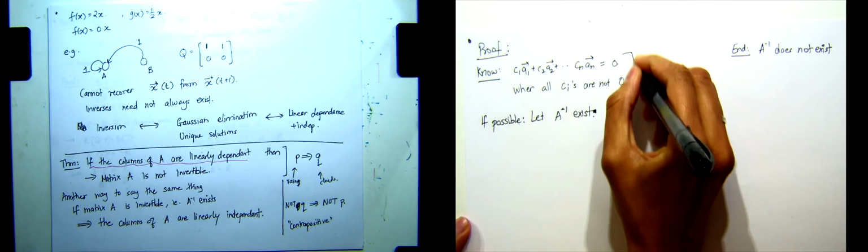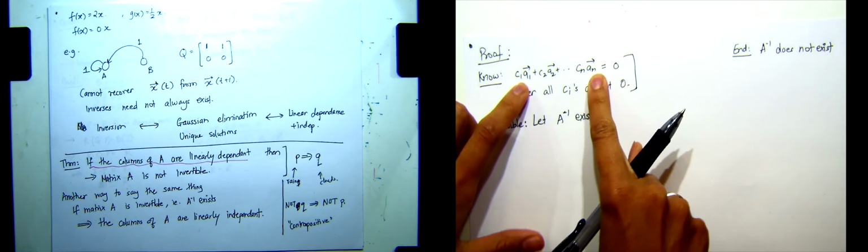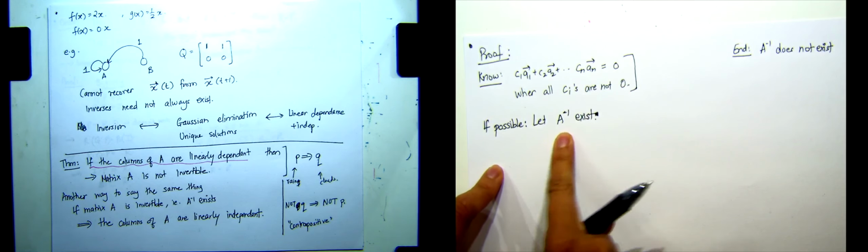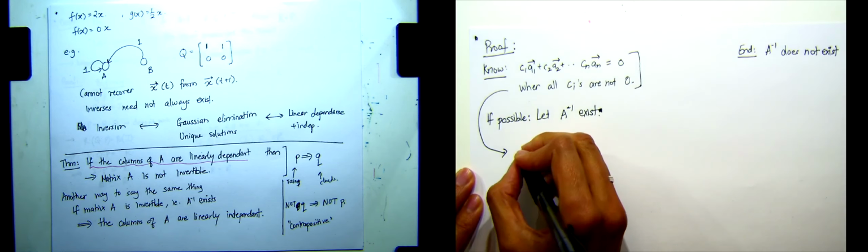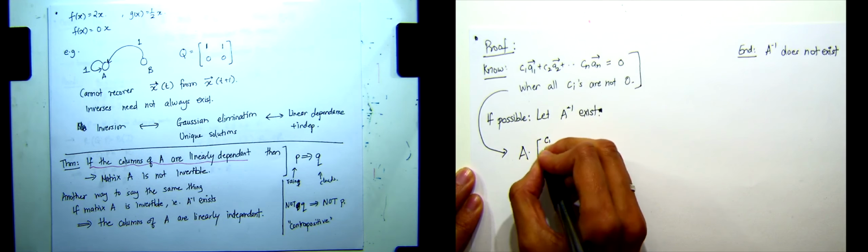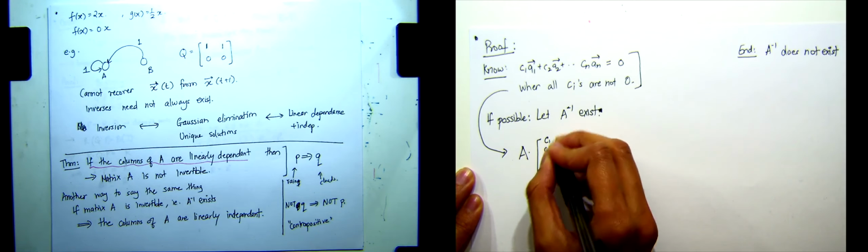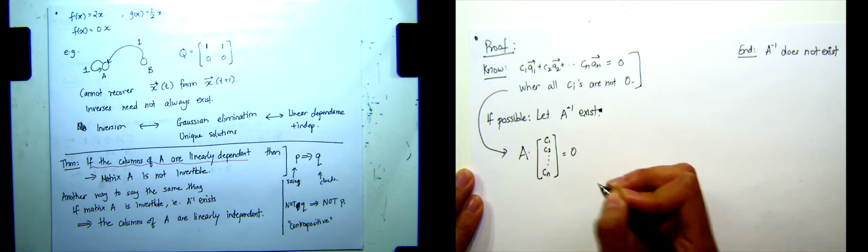Now let's take what we know. We have these columns, but we know something about the matrix A, so we want to write this in terms of the matrix A. I'm going to write this instead as A times the vector (C1, C2, ..., Cn) equal to 0.